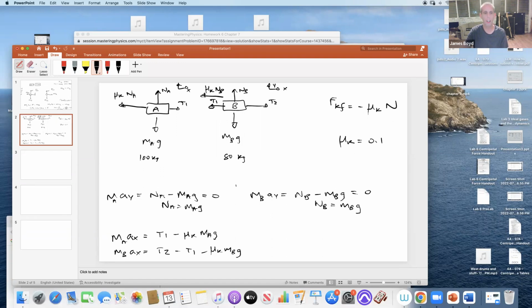If I add these equations together, what I get is M A plus M B times A X. Now the T1 goes away, but that's actually going to be what I want. But for now, let's look at the problem again. M A G plus M B G, I combine these two.